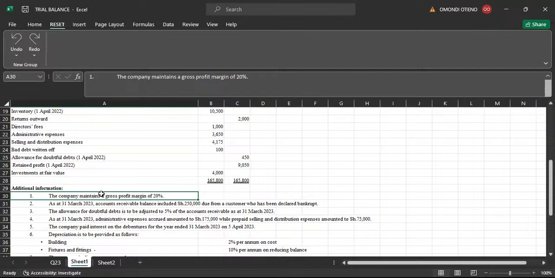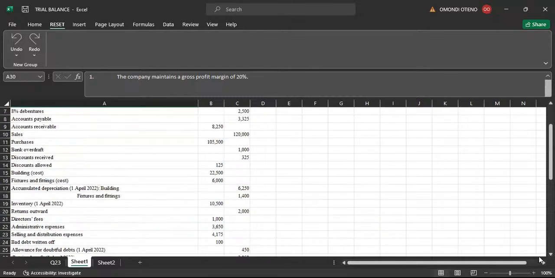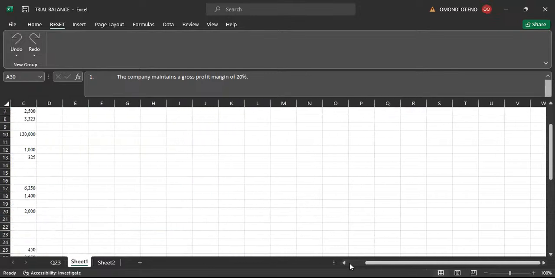Our denominator will always be sales. The moment you see the word margin, denominator will be sales. So this additional information, number one, is what will help you to get the closing inventory value. So if you were in our yesterday's session, you will be able to tackle that.